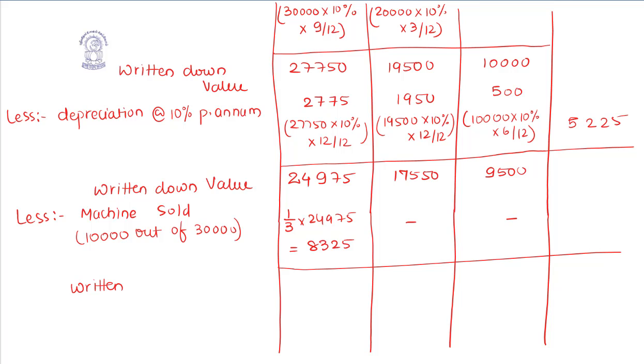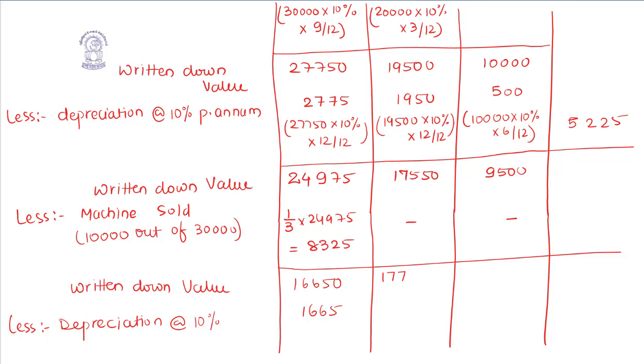Written down value 16,650, less depreciation at the rate 10%. 1665.